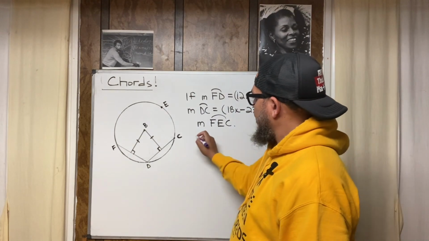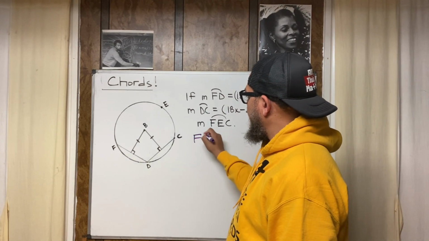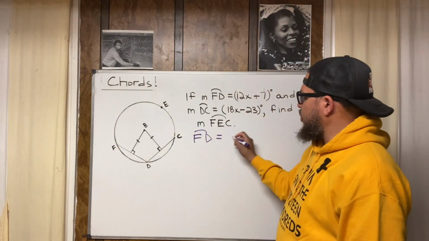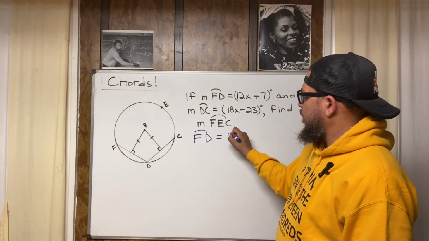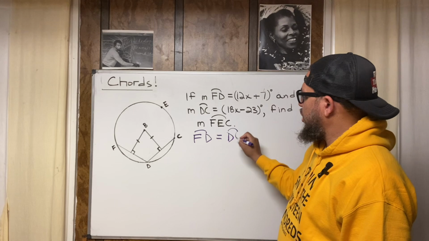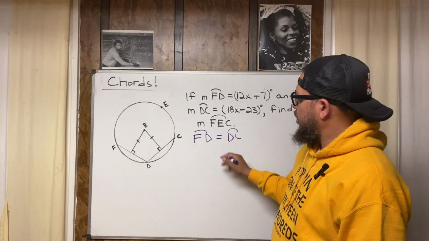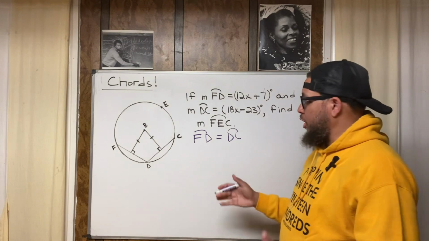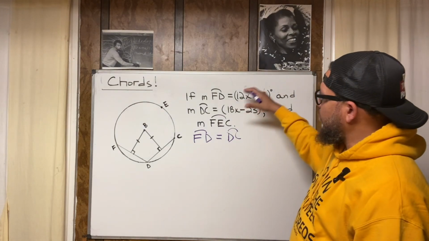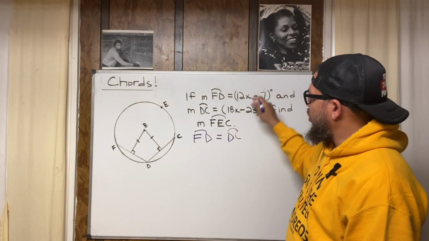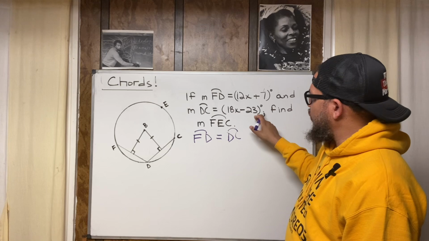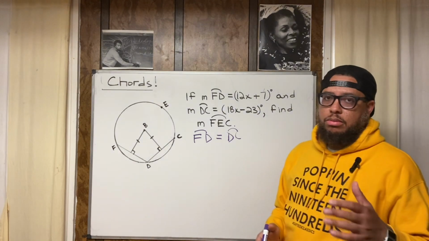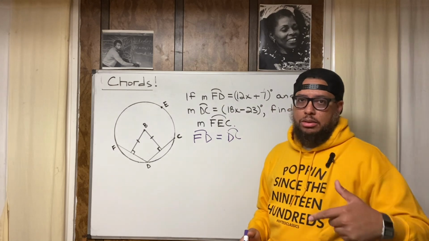Let's say arc FD, Frederick Douglass, is congruent to or equal to arc DC, right? So that's our statement. That's our equation. But then we're going to replace these arcs with their algebraic expressions that represent them, and then we're going to solve for x. Now, before we do that, I want you to know why.